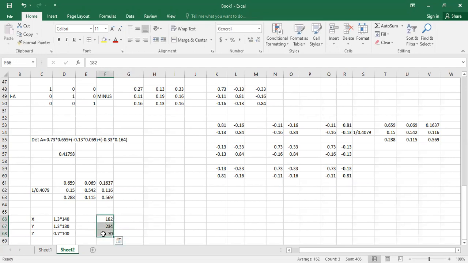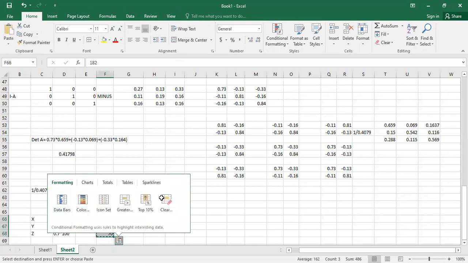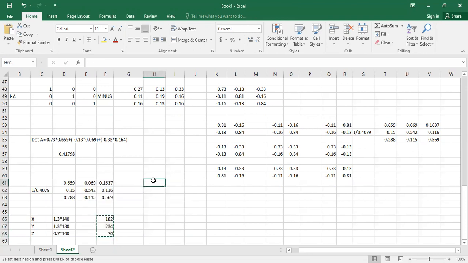So in other words, having our inverse here, if we multiply by the new demand, whatever we get is the new output. So this will be 0.659 multiplied by 182 plus 0.069 multiplied by 234 plus 0.1637 multiplied by 70.